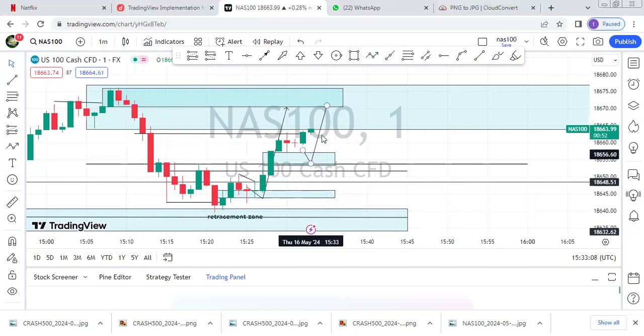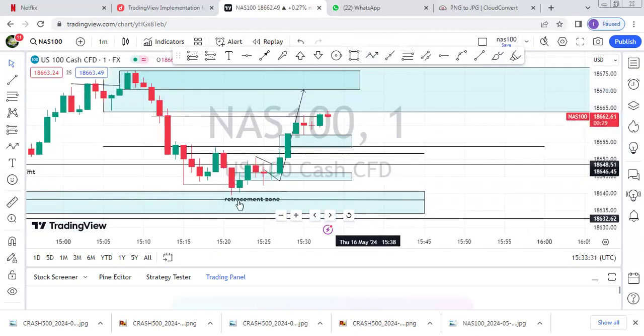If this level is not respected for now, it's just going to remain our area of retracement. So the market is just going to have to consolidate on that area because it was not respected first. It will retrace here before we push it down to wipe out that liquidity.